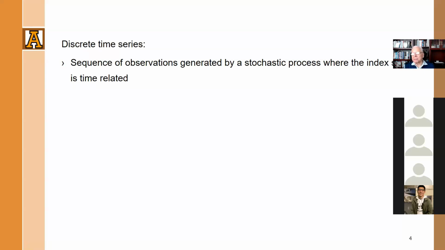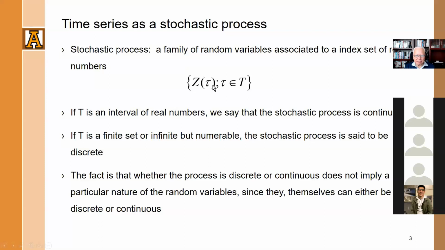A discrete time series is a time series which is generated by a process where the index set is time related. Because in the previous slide that we saw, it doesn't say anything about this. It's any set where tau belongs, and this could be coordinates in a coordinate system.